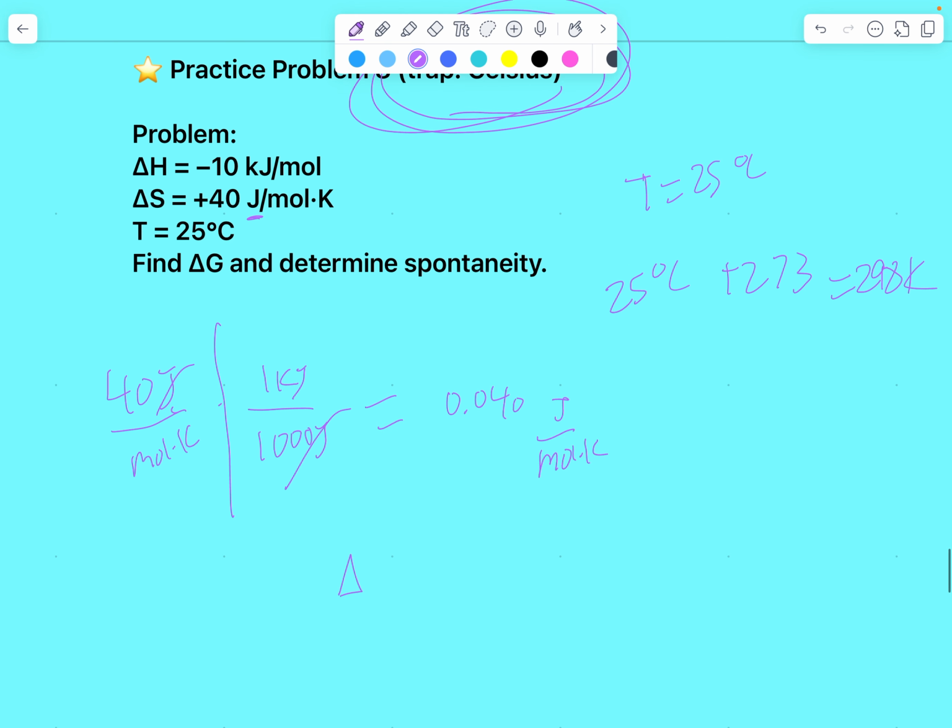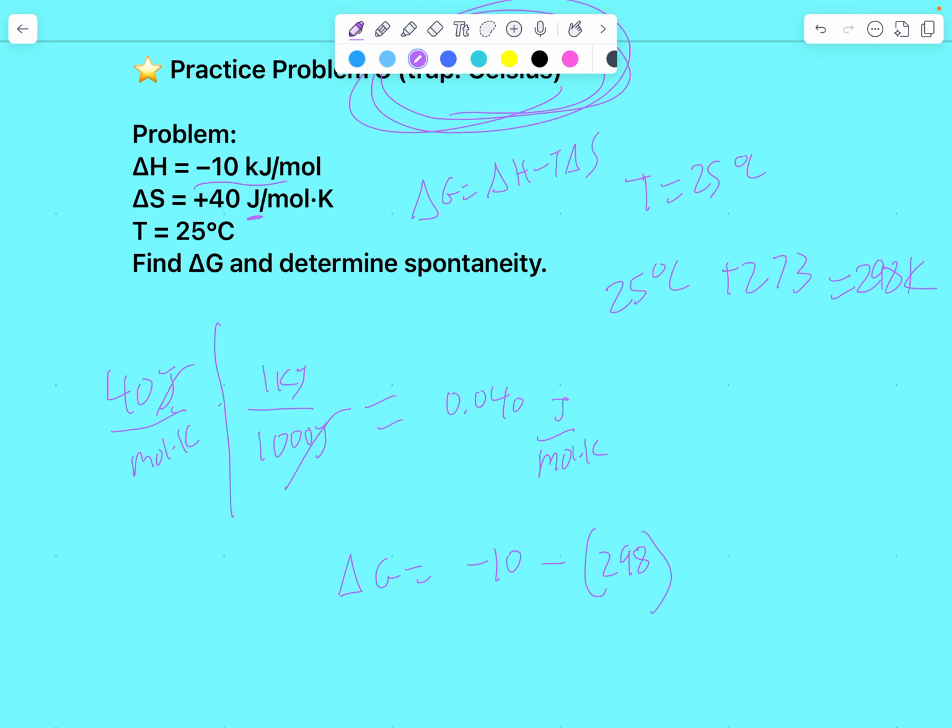Now, delta G equals negative 10 minus 298, because you guys know the formula: delta G equals delta H minus T delta S. So 298 was the temperature, and minus is between them. Delta H is literally negative 10.